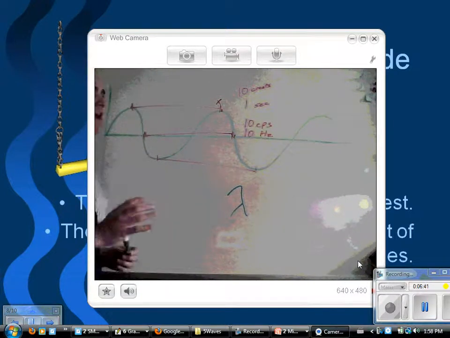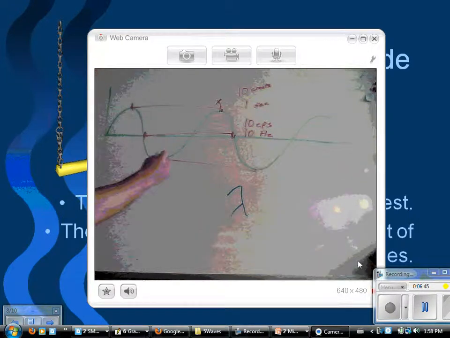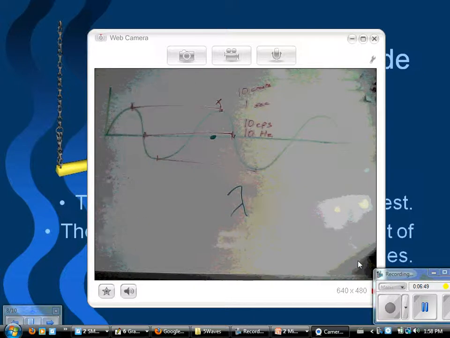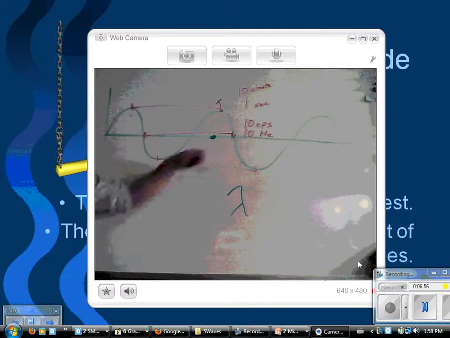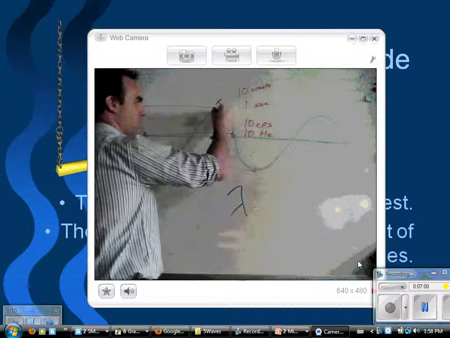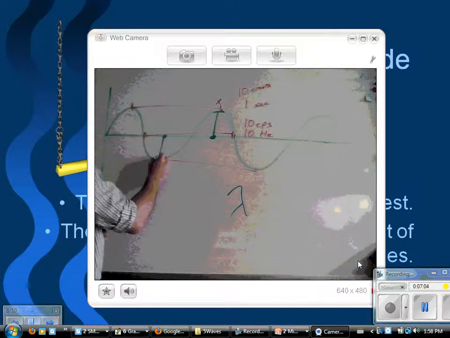So if you look at our wave that we've created here, this is our resting spot. So when there's no wave, that's whatever the medium is, if it's a piece of string or a slinky or whatever, it's at rest here. So the amplitude is from rest to its maximum. So that is your amplitude there. You can also measure it that way as well. So those are both amplitudes.